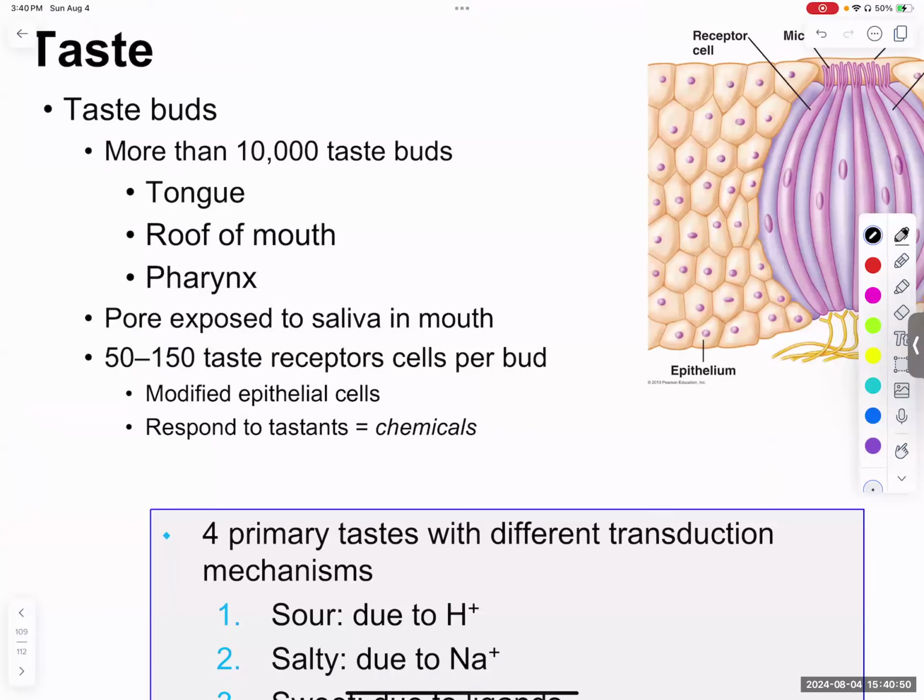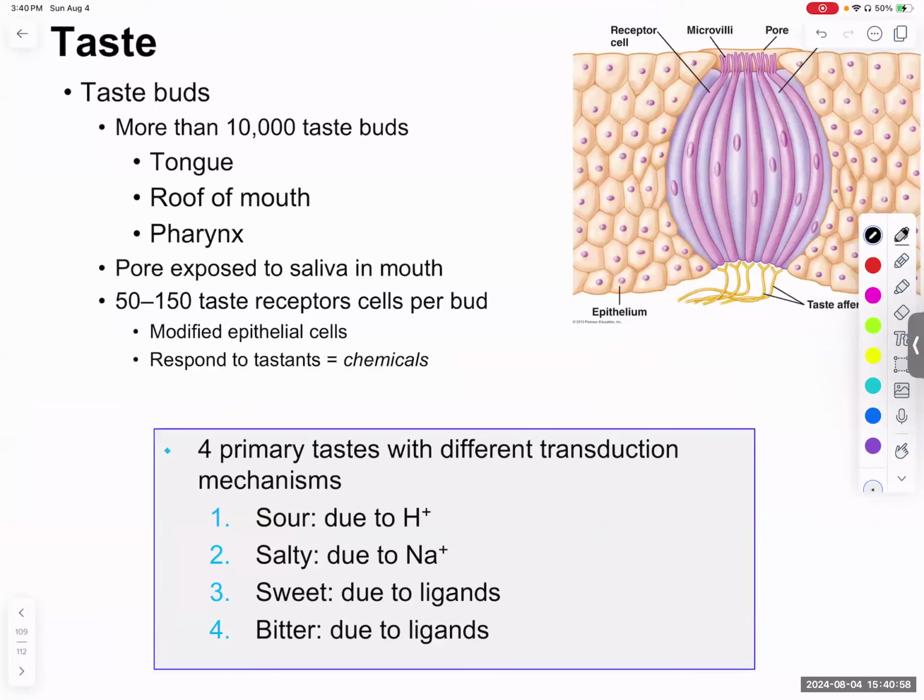As far as taste buds, tongue, roof of the mouth, pharynx, you have to have saliva to dissolve the chemicals in the food you eat. The chemicals that are dissolved: you have protons, and this is the acidity of what's in your food. Sodium is going to be for salt, sodium chloride. Sweet is due to protein ligands.